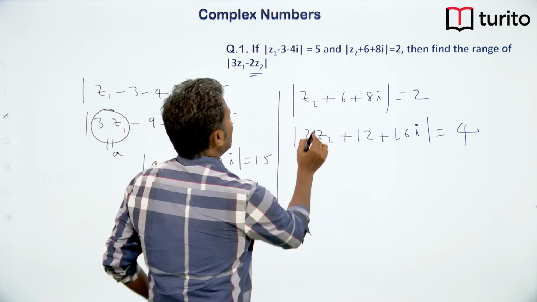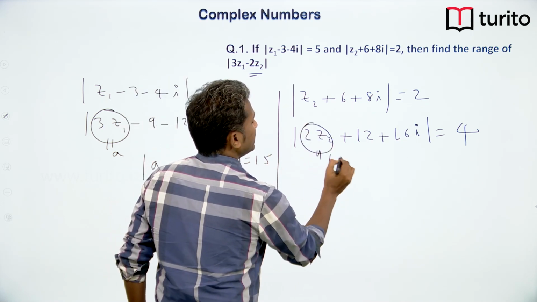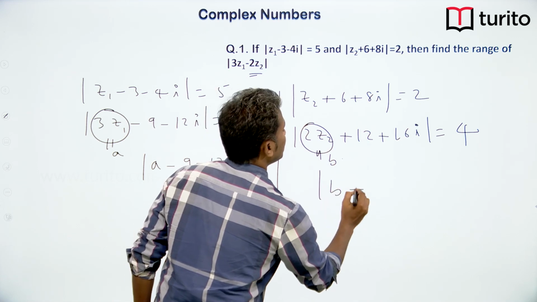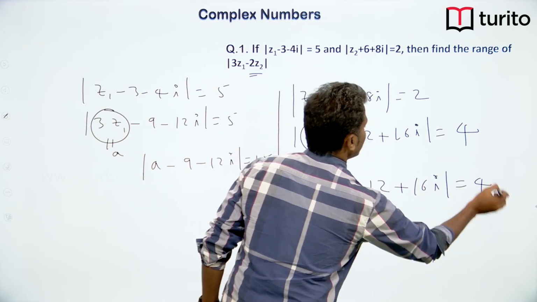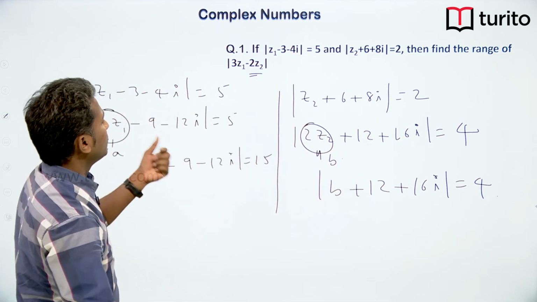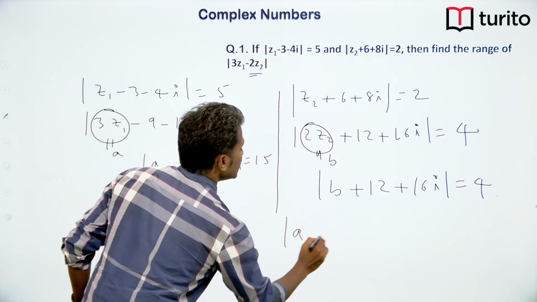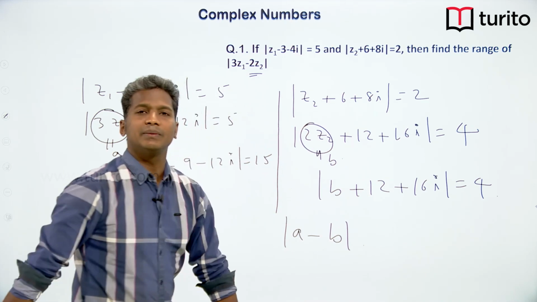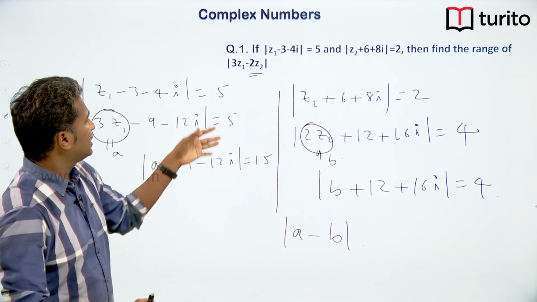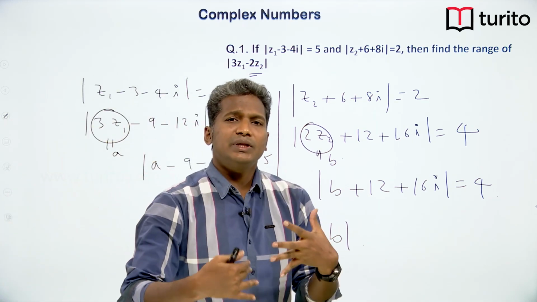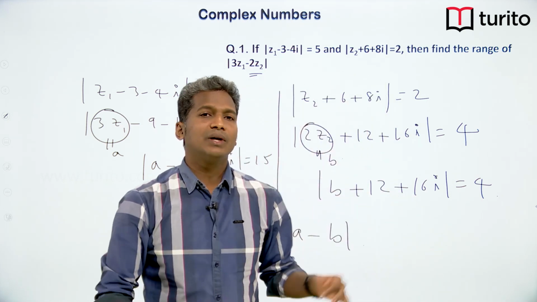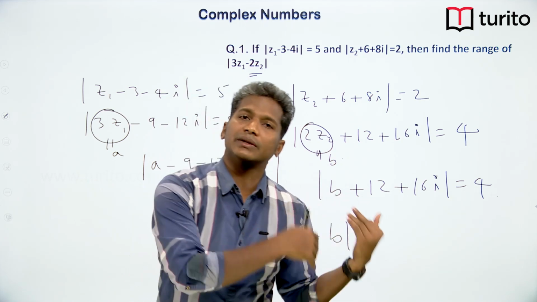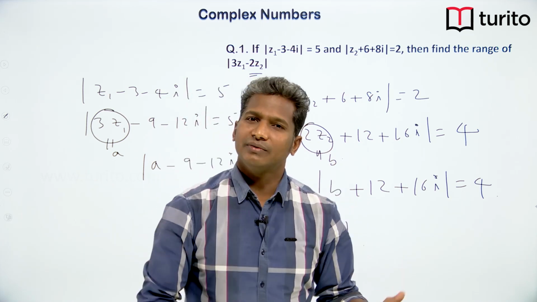Now, I will take this 2Z2 as B, then it means mod of B plus 12 plus 16i will be equal to 4, and we are interested in finding the range of mod of A minus B. So, what I have done here is, by multiplying with different numbers and by assuming new variables, I have converted this question into the earlier question. That way we can proceed with this question.